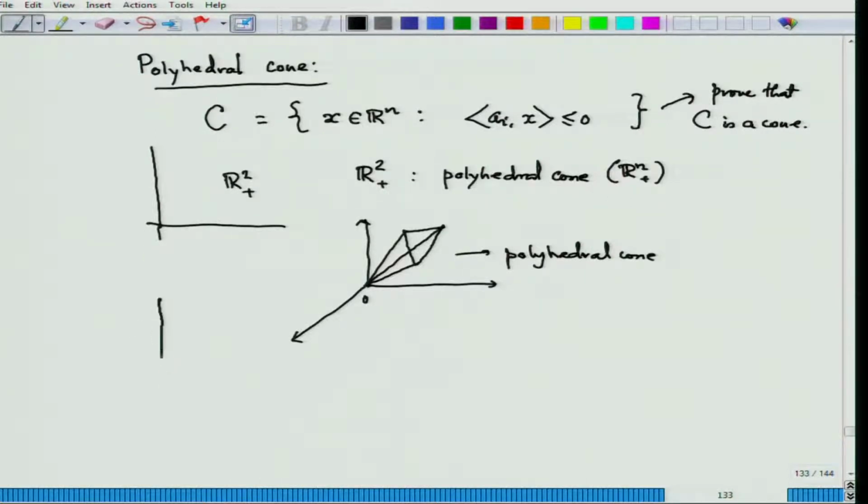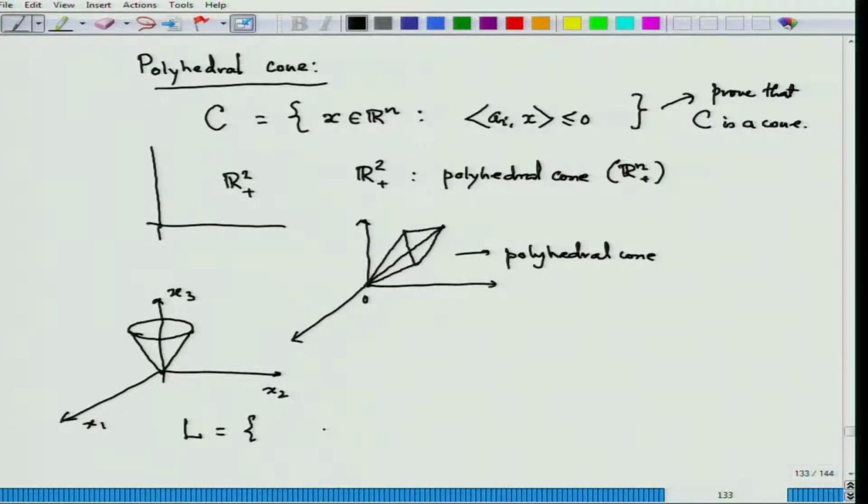But a very important cone is the Lorentz cone in 3 dimensions, also called the second order cone. I will write it as a Lorentz cone L. It has a huge impact in second order cone programming, which we will come to later on.